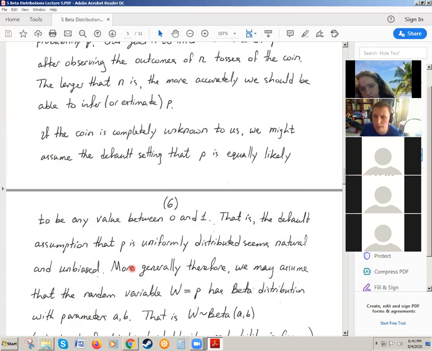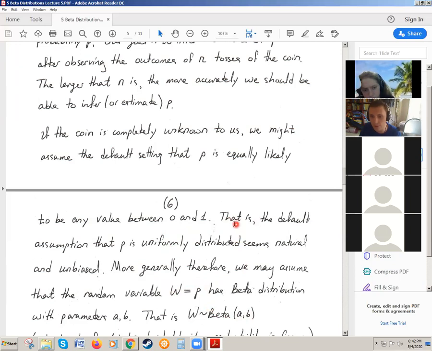So more generally, if you agree that it's fine to assume the distribution is uniform without any experience, without prior experimentation, then you would agree that since the distribution we discuss here, the beta distribution, is more general than the uniform distribution, it's even safer to assume that the distribution is beta.